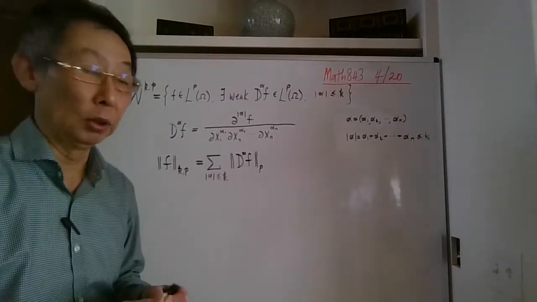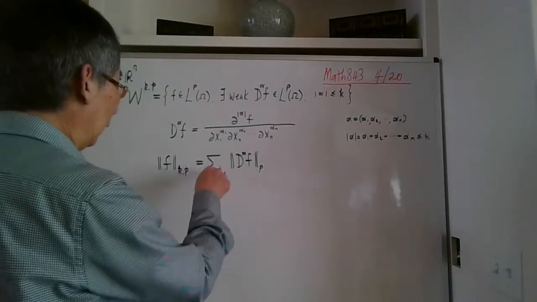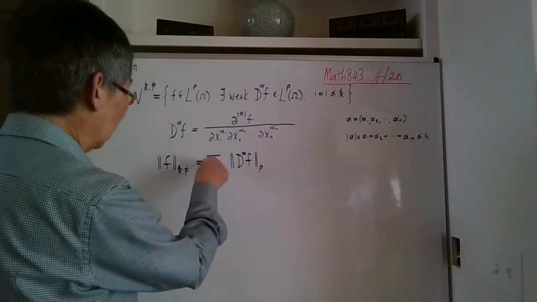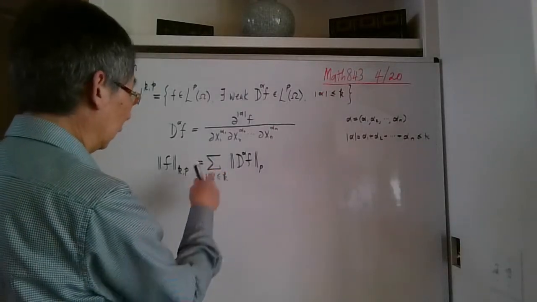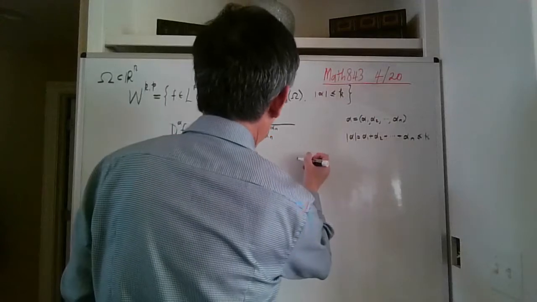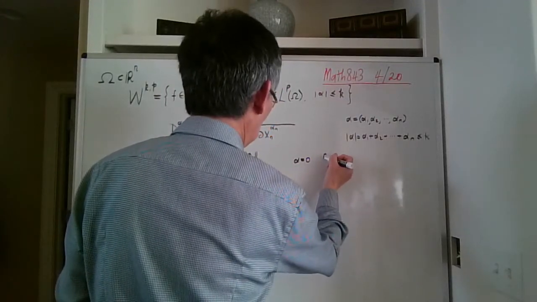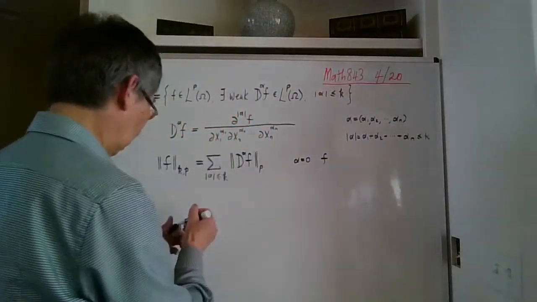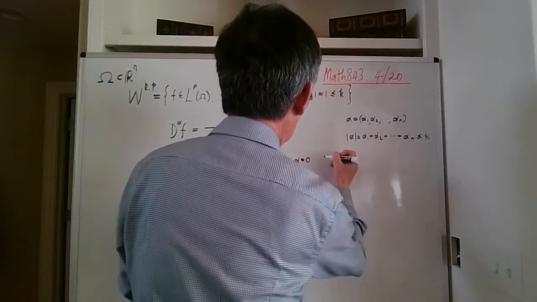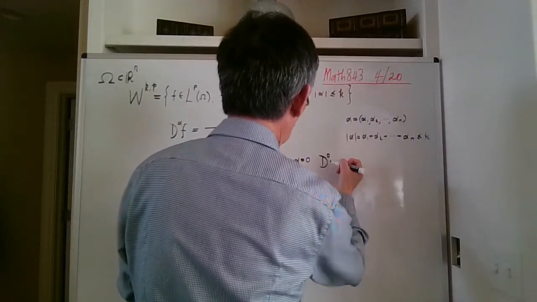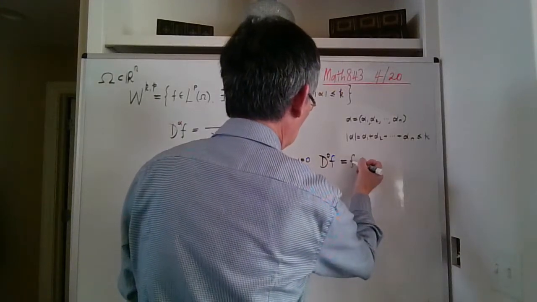This is the Sobolev space norm. The summation over alpha less than or equal to k also includes alpha equals 0. Alpha equals 0 means you just take the function itself, not a derivative. So D^0 is just arranged to be the function itself.